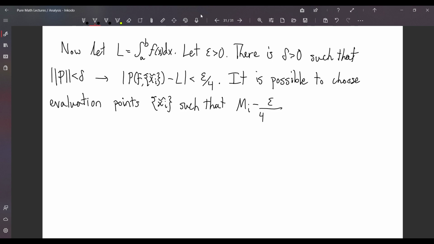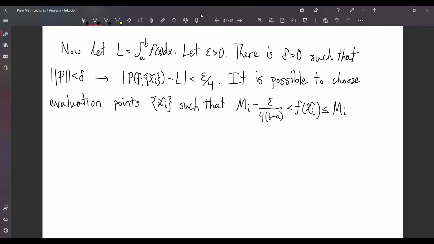So what we're going to do is choose each evaluation point xi such that the value of f at xi is less than or equal to m sub i, right? Because m sub i is the supremum.